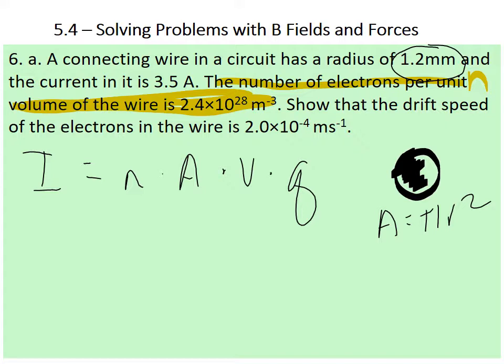And you have current, which is 3.5 amperes. We are going to solve for V. Where do you get Q? Well, these are electrons. The value for the electron charge is 1.60 E negative 19 Coulomb. Hopefully, if you've set everything up correctly, you will get that the drift speed, the velocity, is around that.